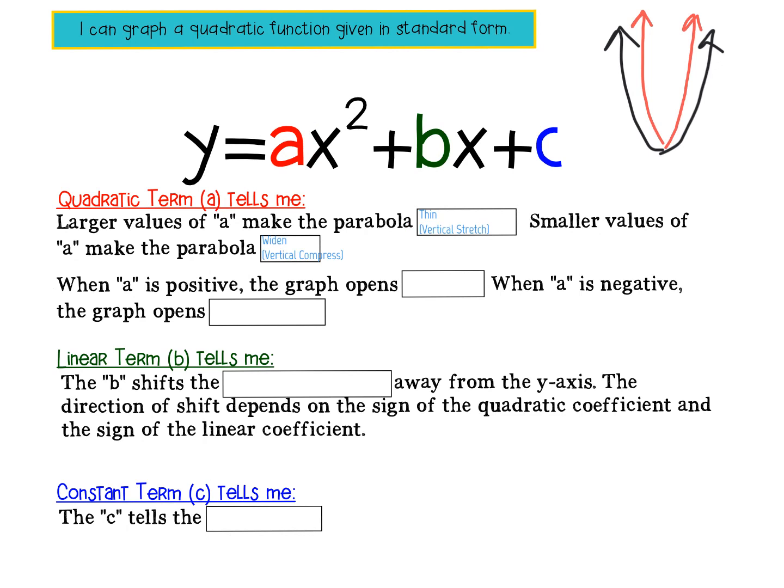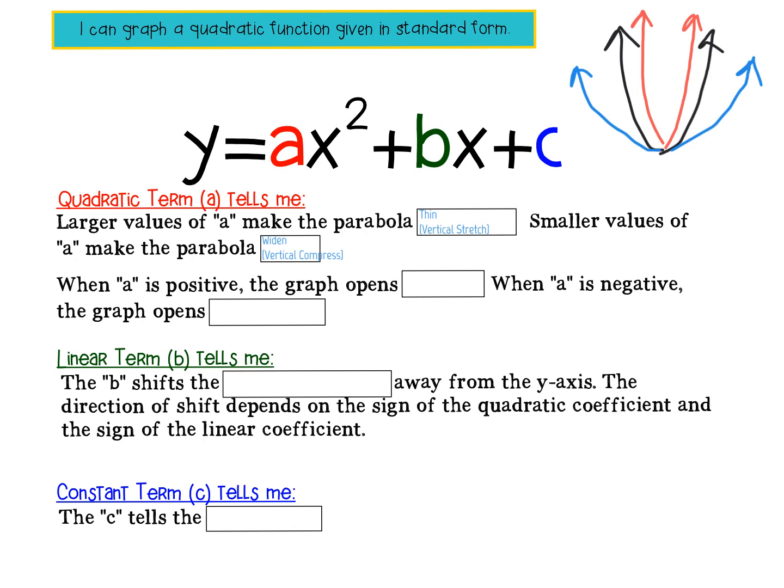So it's going to become thinner, and we call that vertical stretch. And if a is smaller, meaning I'm dividing that output because a fraction is the same as dividing, it's going to get wider, and we call that vertical compress. So that's how the a value is going to affect the outputs of the parent graph.